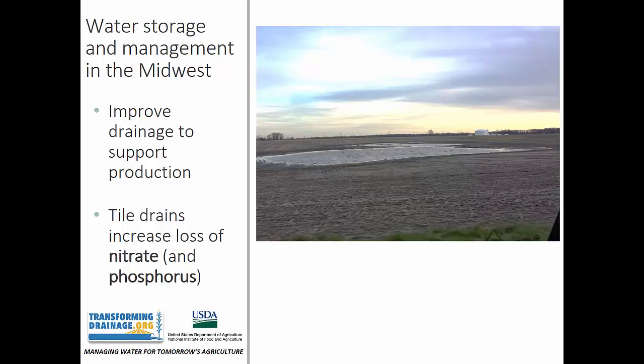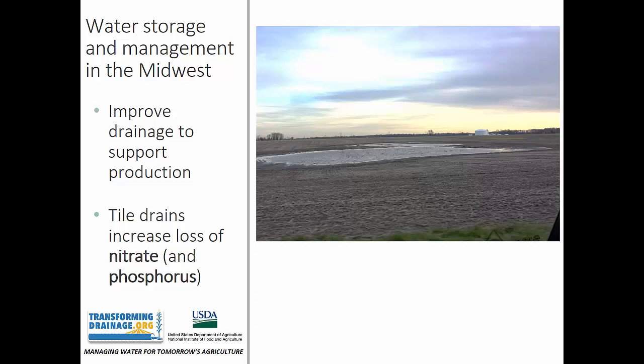Now, historically, water storage has played a large role in the Midwestern landscape. Where seasonal excess water was commonly held on the landscape, there was opportunity for use, tie up of nutrients, or removal through various biophysical processes.